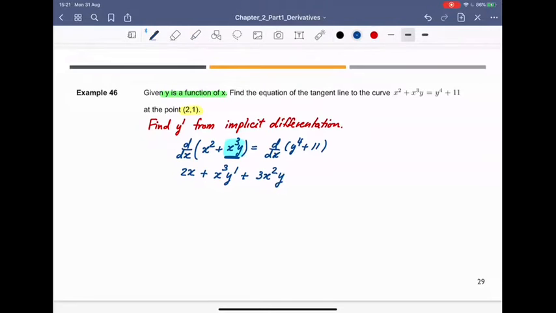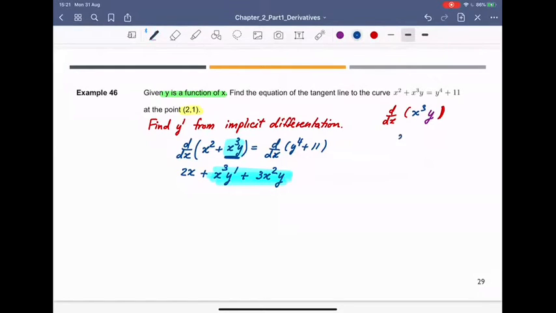If you cannot follow me, think again. When you differentiate x cubed times y, this is the product rule. You differentiate f times g, so you have f times g prime plus g times f prime.